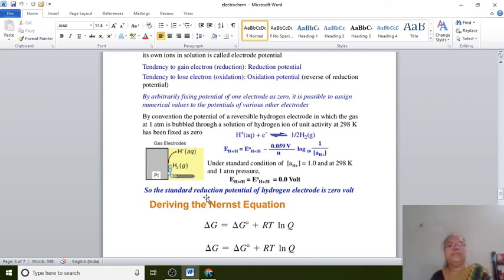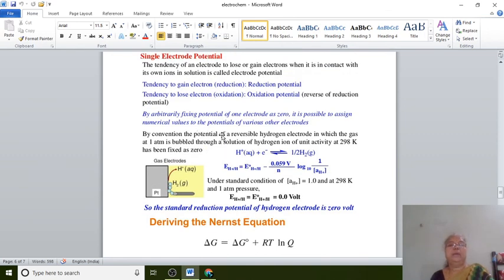Therefore, the standard reduction potential of the hydrogen electrode is always 0 volt, and this electrode is coupled with any other electrode, and as the hydrogen electrode potential is 0, we can measure a single electrode potential here.